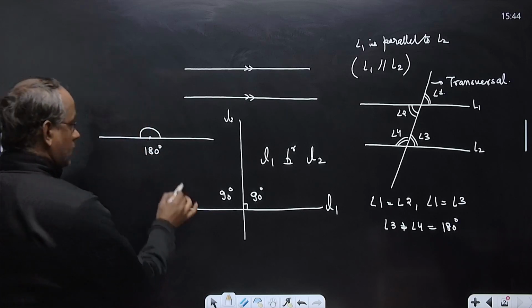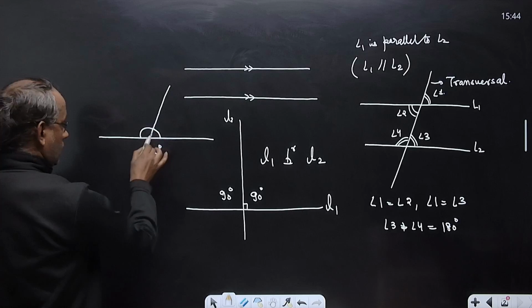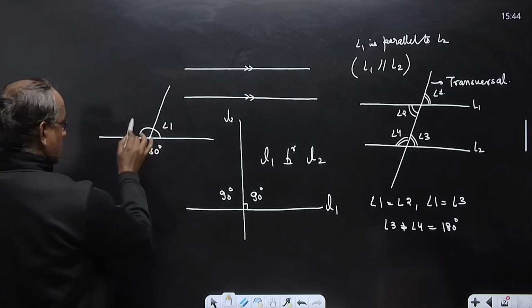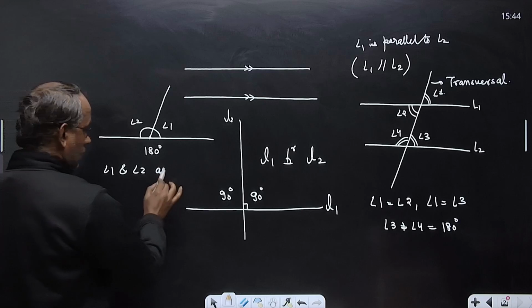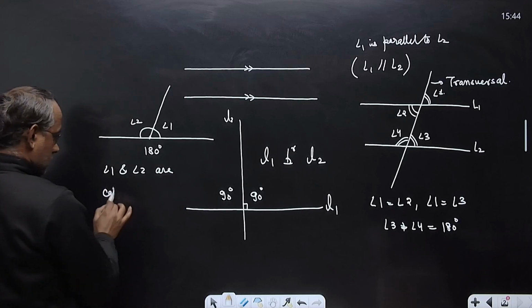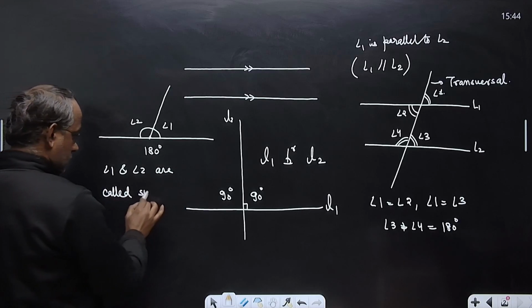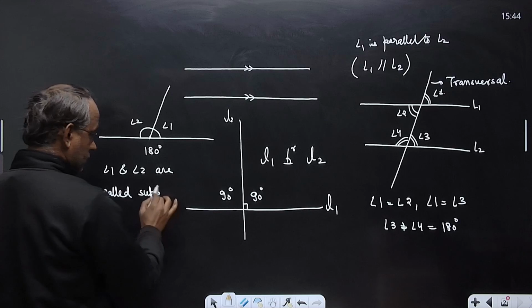Now this is angle 1, this is angle 2. Angle 1 and angle 2 are called supplementary angles.